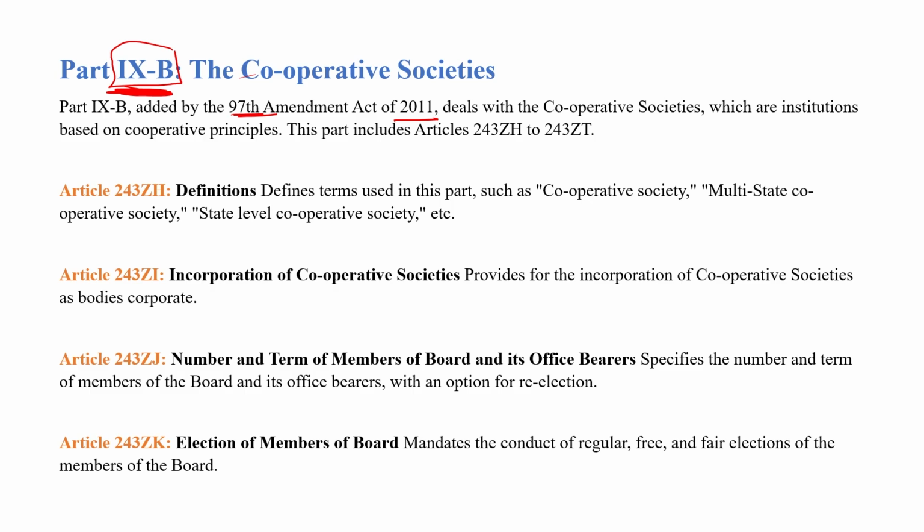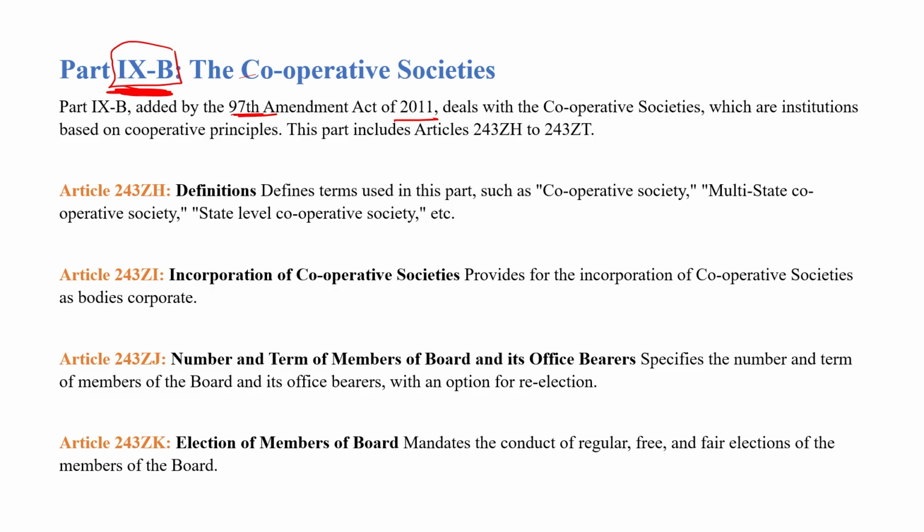Or simply, it is a voluntary association of people who join together with the motive of welfare of the members. Let's suppose there are 2 or 3 members who want to create a cooperative society. They can create a cooperative society with the motto of welfare of the members. So this is the simple definition of a cooperative society.